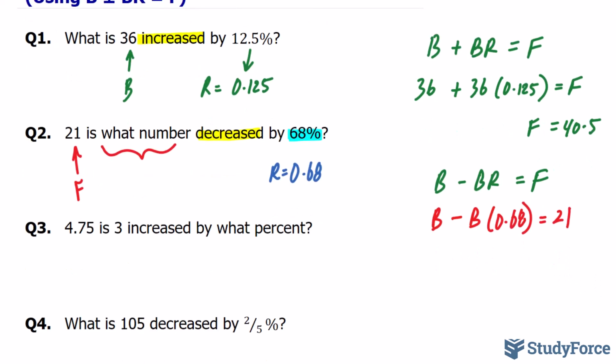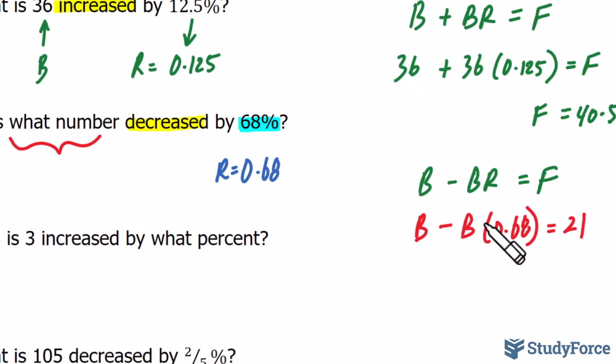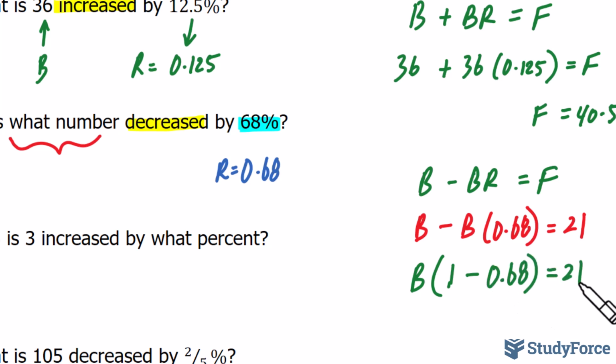At this point, we have to apply a bit of algebra to isolate for B. Notice that B is common in both of these terms, so we'll factor out a B. And this leads us to 1 take away 0.68 is equal to 21. The technique I just used here is called common factoring.